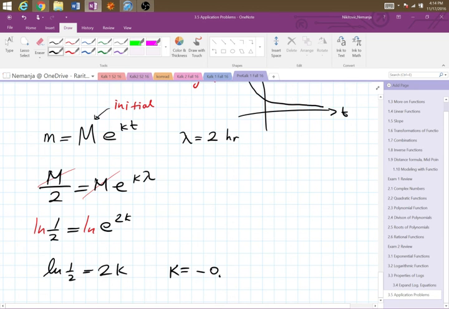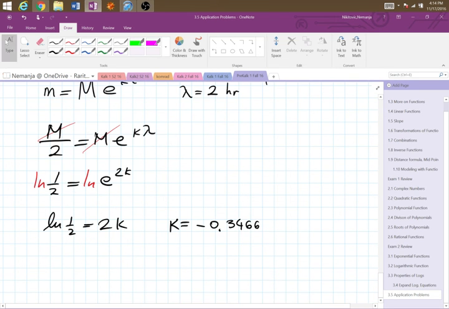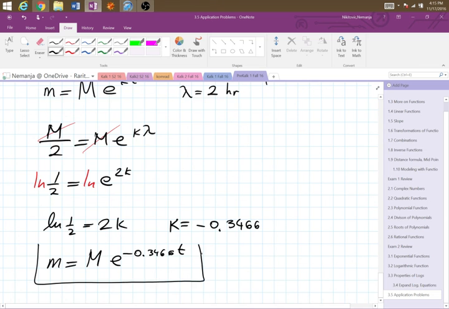Remember the 4 decimals? So what do I have as a model? The mass of Advil that is still in a system is equal to the initial mass of how much you took times e to the negative 0.3466 times time. That is the equation for metabolizing Advil in your body.